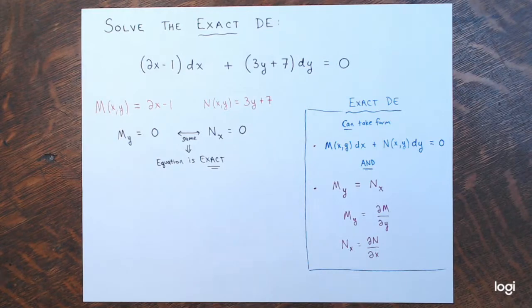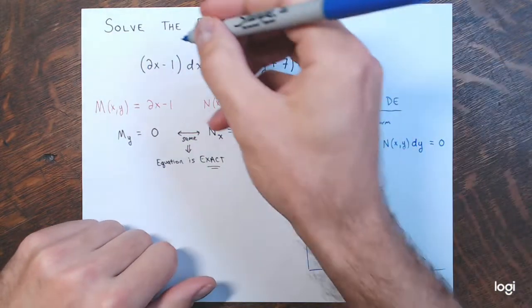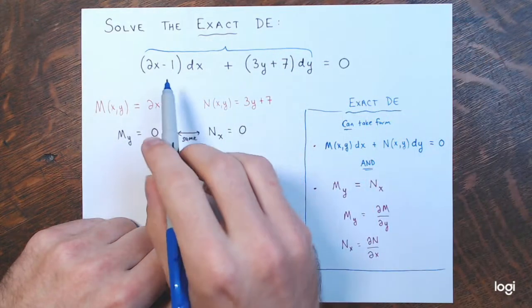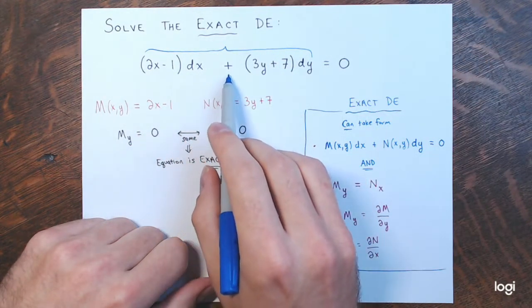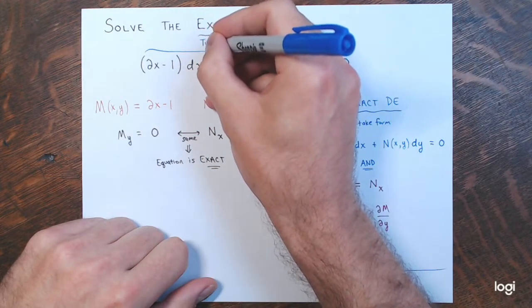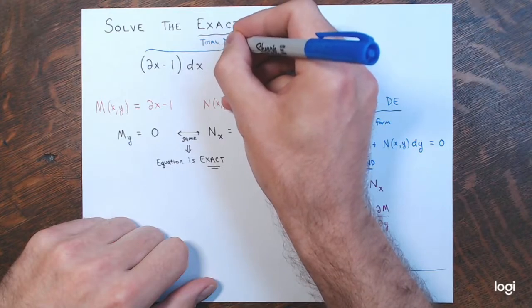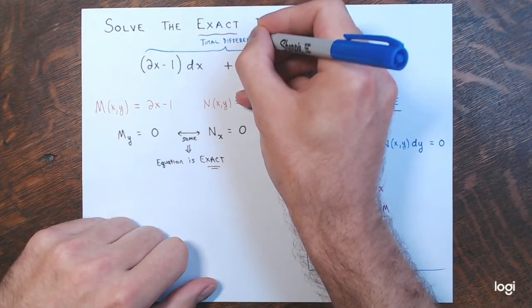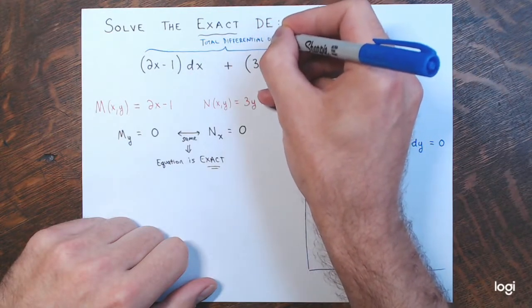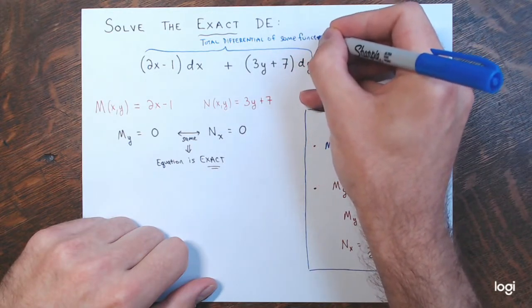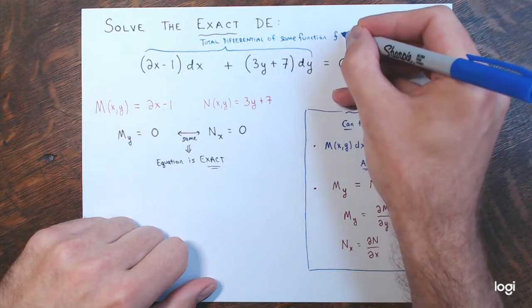All right, so again, that means, if the equation is exact, that this left side here, this 2x minus 1 times dx plus 3y plus 7 times dy, is the total differential of some function, we'll call it f of x y.